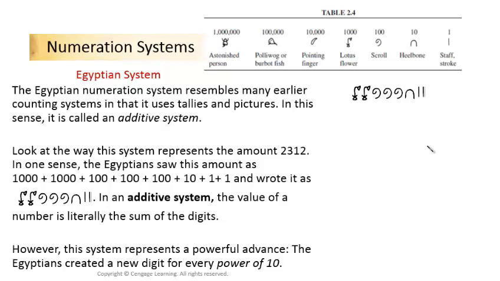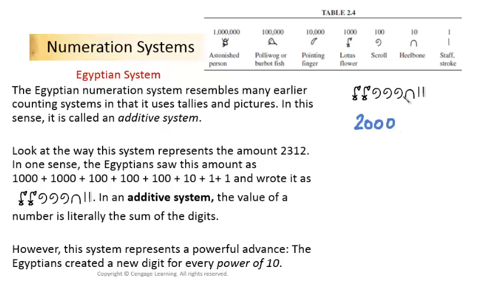This is known as an additive system because you just look at the picture, and on the lotus flower, which is what we see first, we notice there's 2 of them, so that would be 2,000.